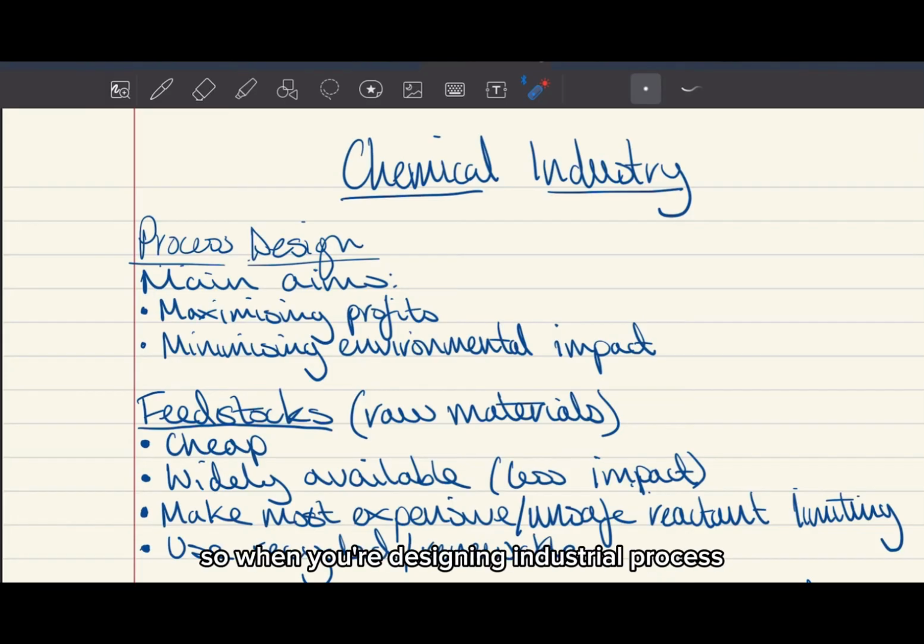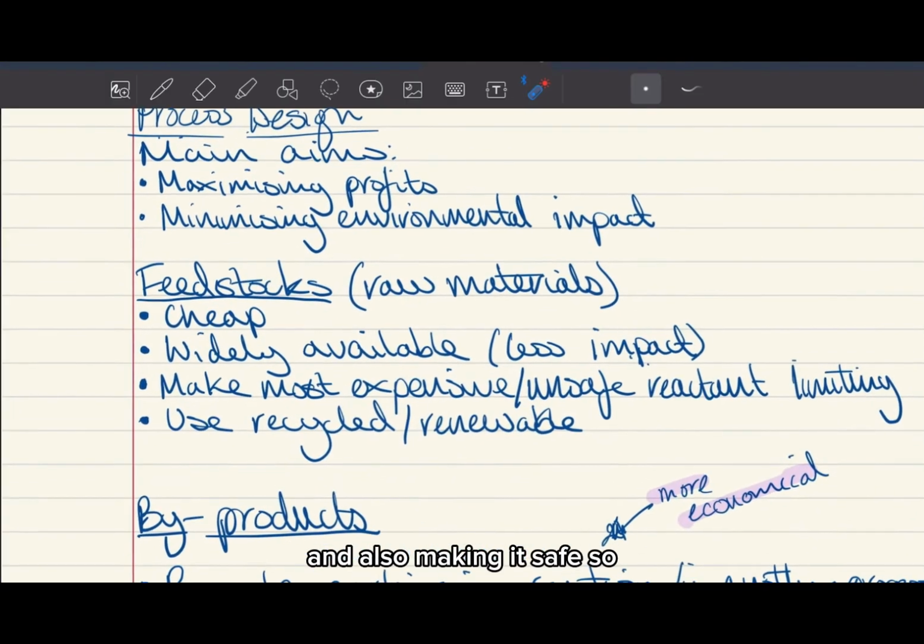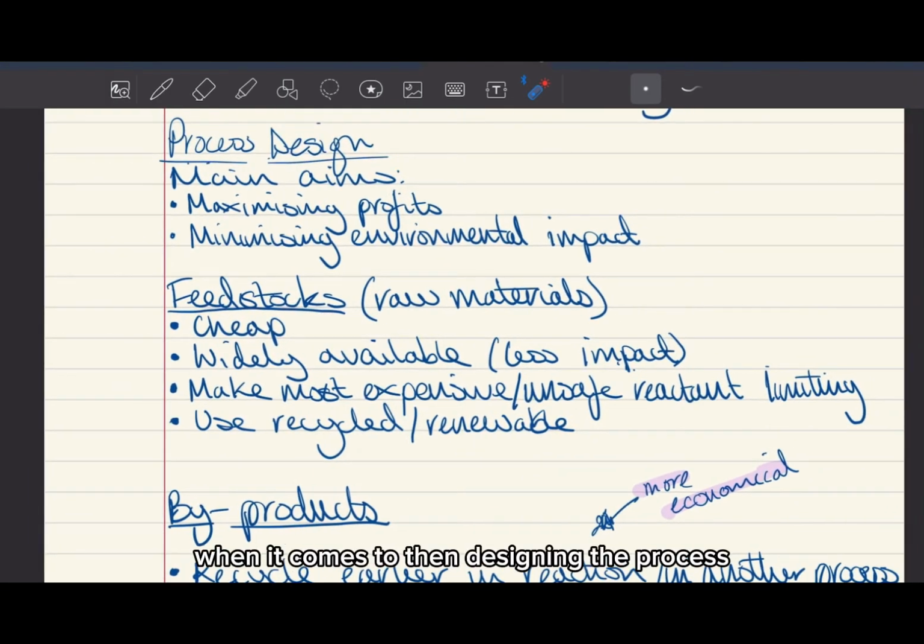When you're designing an industrial process, the main aims are maximising your profit, minimising any environmental impact, and also making it safe. When it comes to designing the process, when you're looking at feedstocks, the raw materials that you put into the reaction, so they're basically your reactants, you'd want them to be relatively cheap, which would maximise your profit, and also widely available.